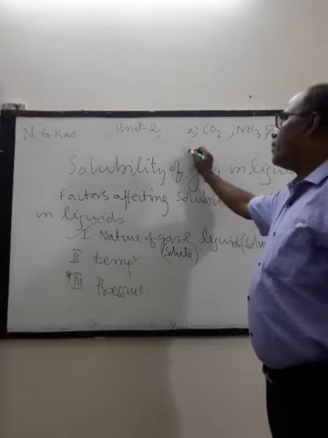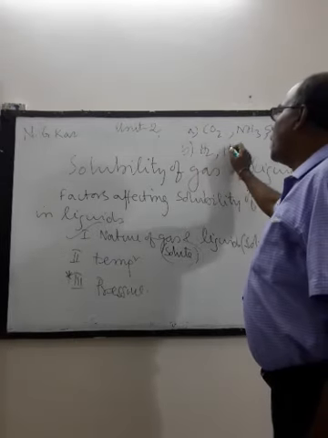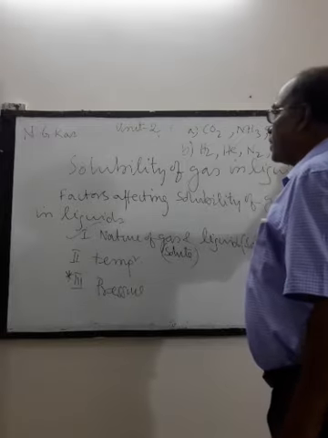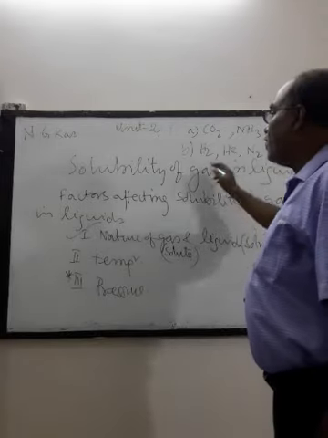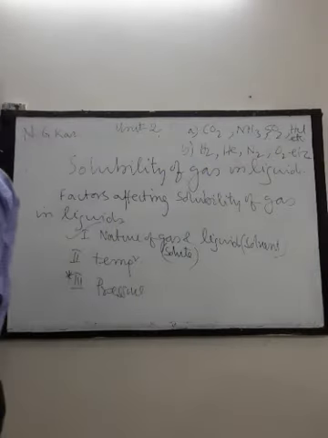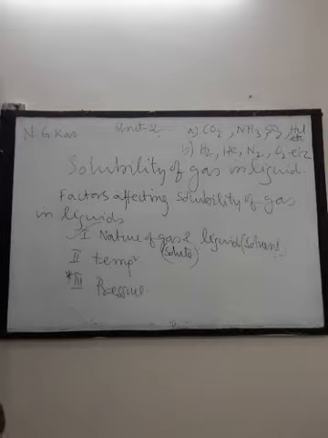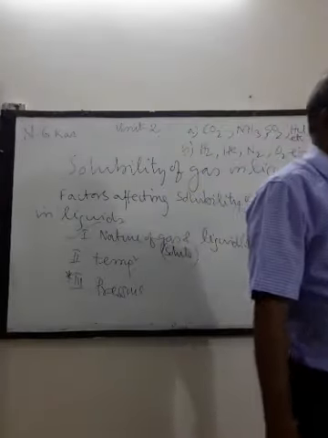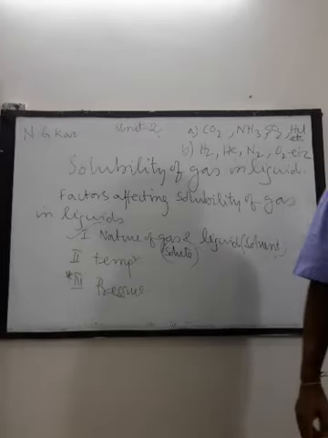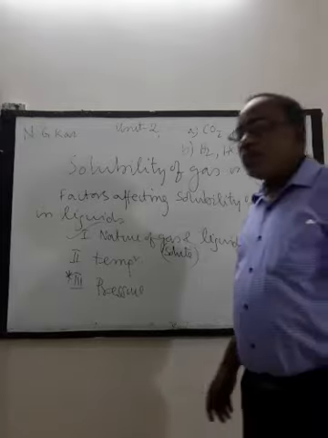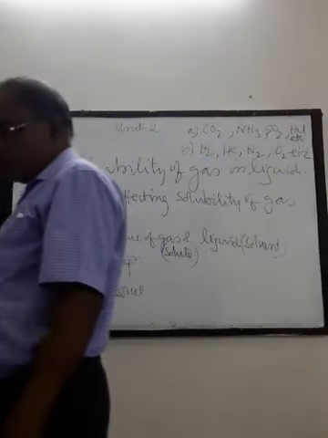And the second category is hydrogen, helium, nitrogen, oxygen. These are permanent gases, so they are difficult to liquefy by lowering temperature and increasing pressure. So gases are classified into two types: some gases where liquefaction is possible easily by lowering temperature and increasing pressure, and some gases where liquefaction is very difficult.